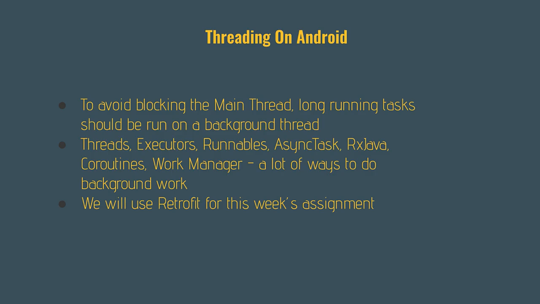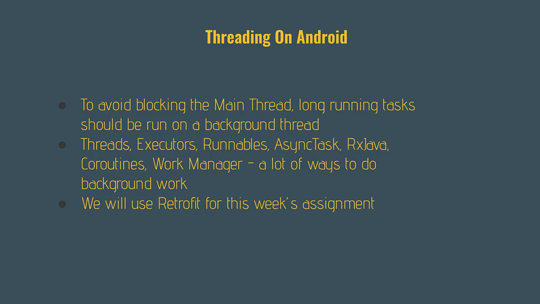To avoid blocking the main thread, then, any long-running task should be run on some type of background thread. And there's a lot of different options available to us for running things on that background thread. We have threads themselves. We have executors. We have runnables. We have abstractions like AsyncTask, high-level libraries like RxJava, coroutines, WorkManager.